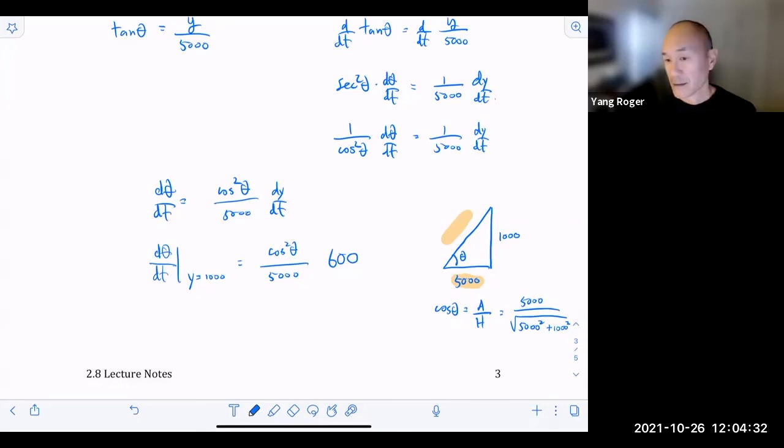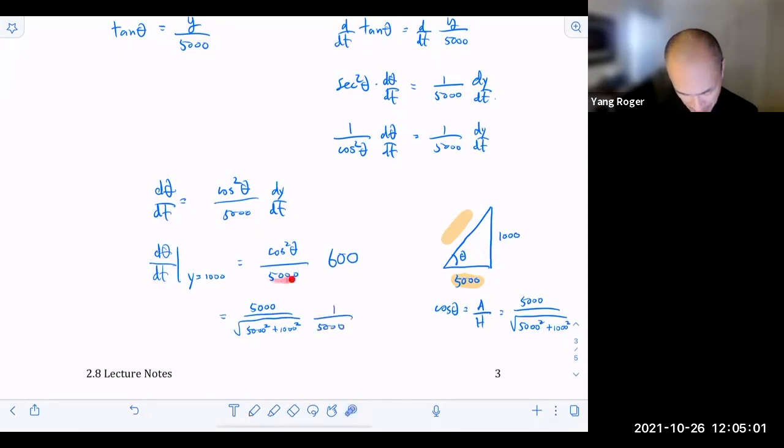Okay. Cool. So let me write my answer like this. It's going to be 5,000 over the square root of 5,000 squared plus 1,000 squared. You're going to have a 1 over 5,000.